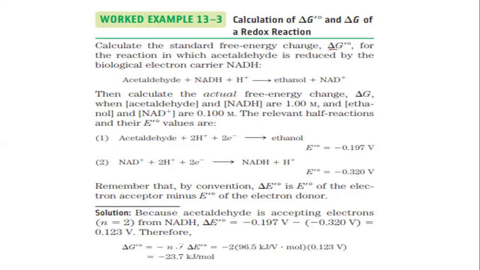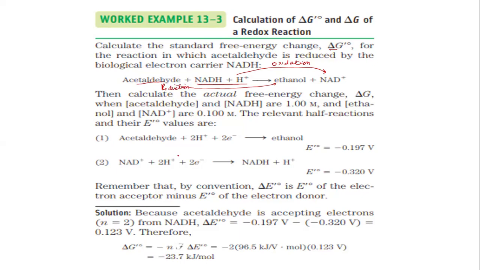From this equation, we get an idea that NADH is being oxidized, because its reduced form is being oxidized in the product, and acetaldehyde is being reduced. So this species is being oxidized, and this species is being reduced.